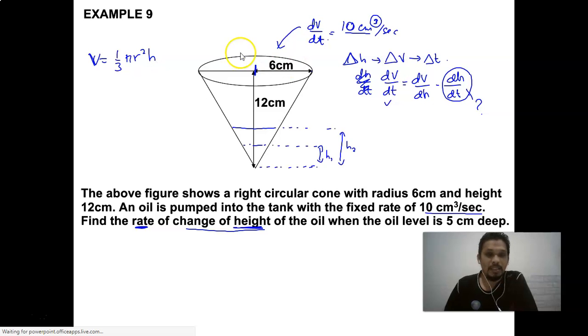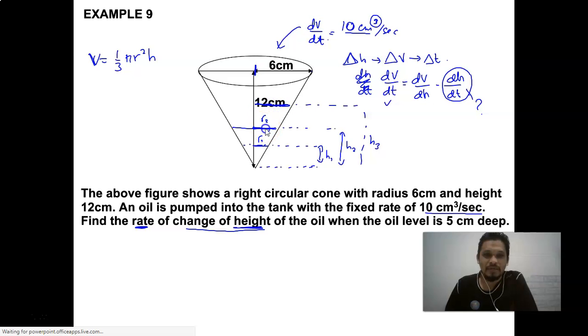And class, because the tank is a cone, at every single height h1, it gives us a different radius r1. When it reaches up until h2, then it's a different radius r2. And if I add another one here, this is h3, then look at this radius.